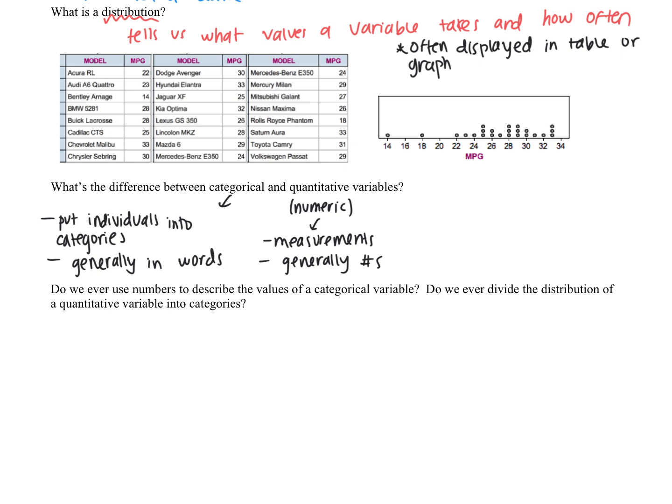Okay, so when you're determining if you have a quantitative or categorical variable, we are going to focus on the who and the what is being measured.